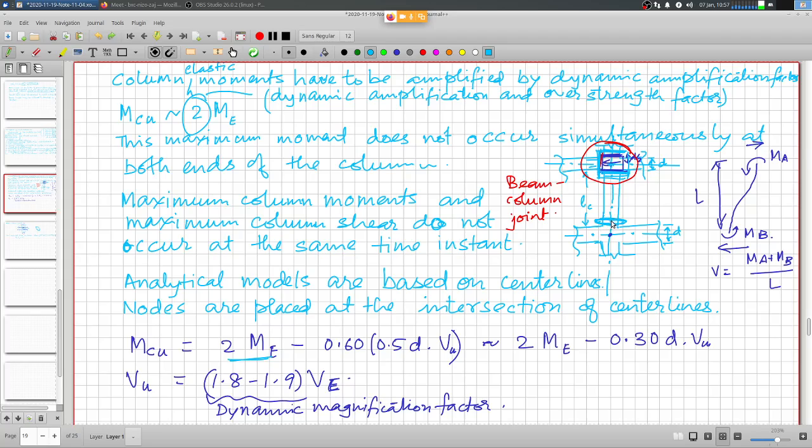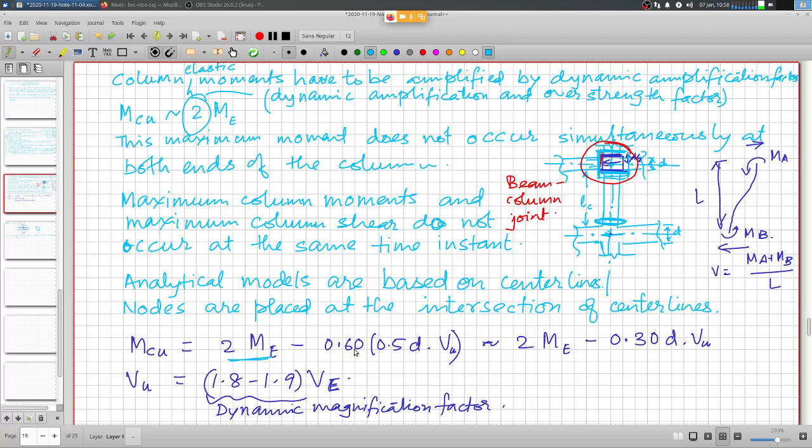So this obviously has to be reduced by half of the lever arm. So if this is the shear force, then this moment would be V times half of D. Now we also assume that this V is not acting at the full value when we are looking at this maximum moment.